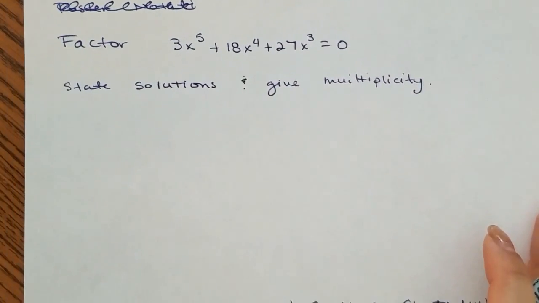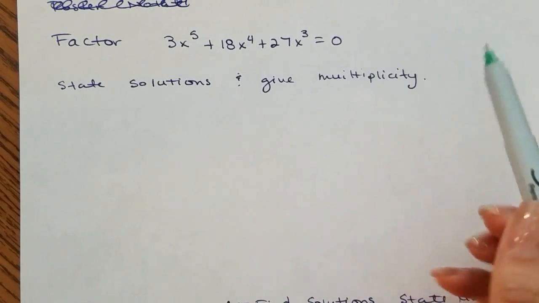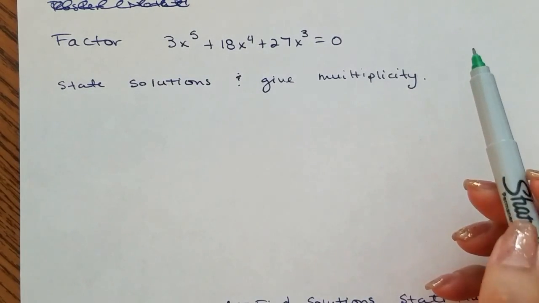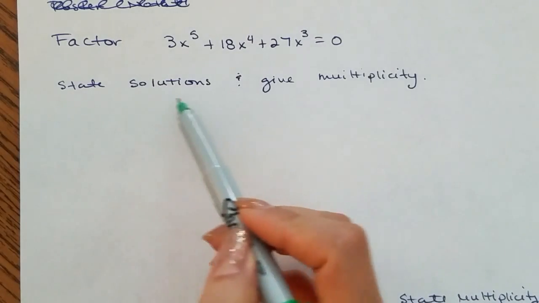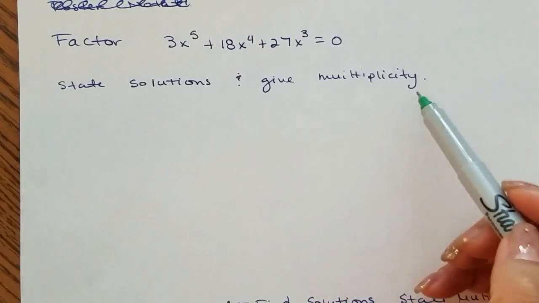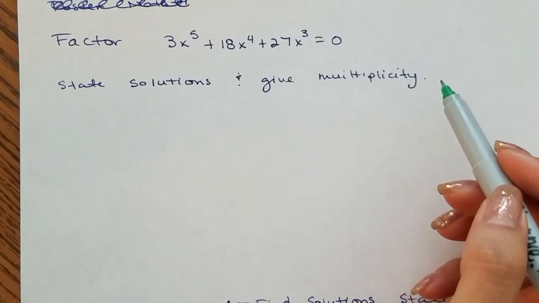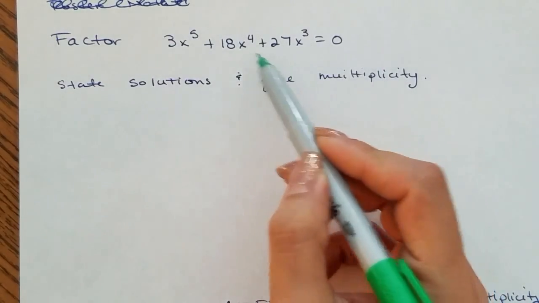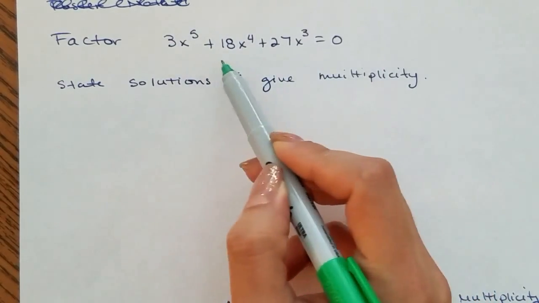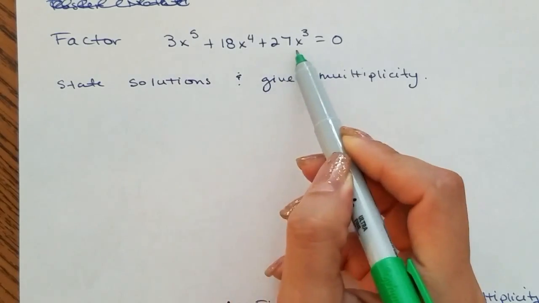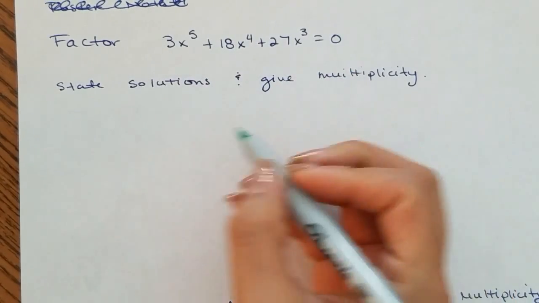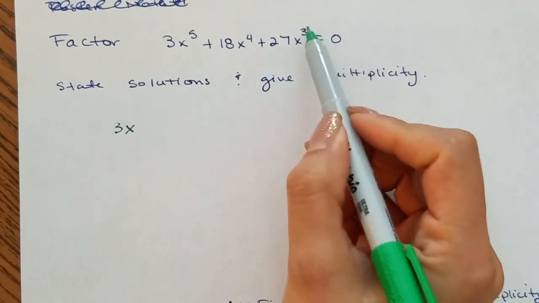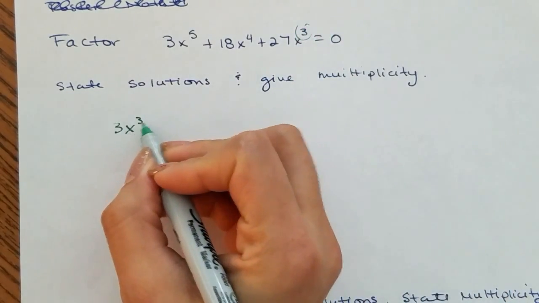Okay, so the first thing we're going to do is factor 3x to the fifth plus 18x to the fourth plus 27x cubed. We're going to find the solutions for it, and we're going to give the multiplicity of them if there are any. So the first thing when we're factoring, we want to take the GCF. If I look at this, I can see that they all have x's, and they all can be divided by 3. So my GCF is going to be 3x cubed, because I can take a total of 3 x's.